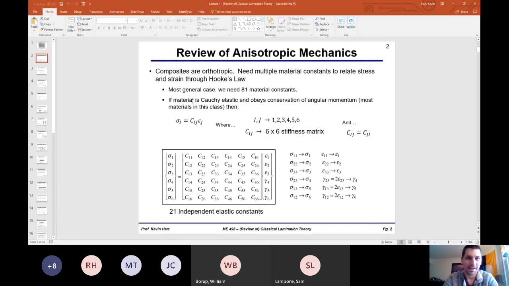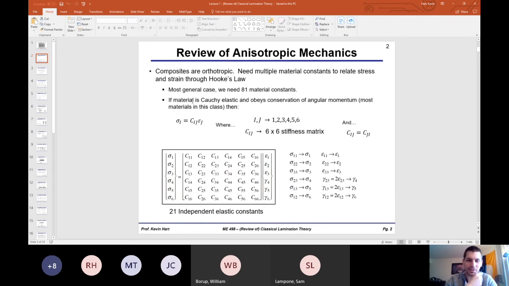However, we talked about materials that are Cauchy elastic, which is a little bit outside of the scope of the 429 class, and materials that obey conservation of angular momentum, which is basically every material. Then we simplify our stress tensor to 6 components, sigma 1 through sigma 6, representing the normal and shear stresses on a 3-dimensional body.